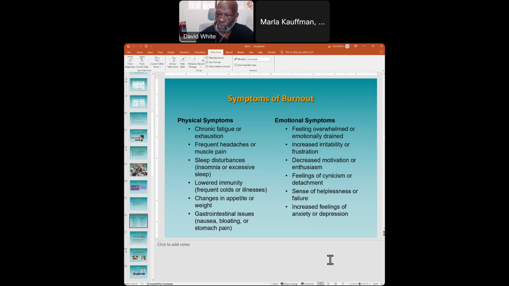These are the things you want to pay attention to, to see if you have burnout. As I said, some of these symptoms overlap with the ones I shared for secondary traumatic stress. So the question becomes paying attention to what's causing it. Is it the actual dealing with the people, or is it a function of the environment?